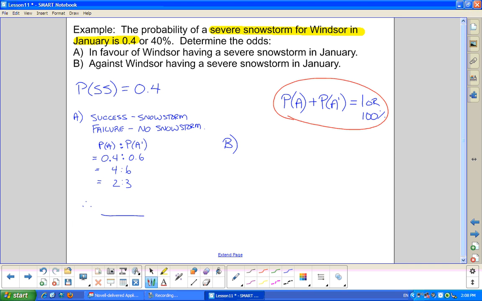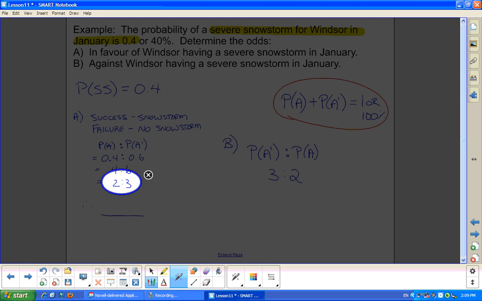Part B then. What are the odds against Windsor having a severe snowstorm? Odds against just means that we lead with the negative or the opposite, so it's just P(A prime) to P(A). We've already done all the calculations, so it's just 3 to 2. So the odds are 3 to 2 against a snowstorm, or 2 to 3 for a snowstorm. It's the exact same answer, except in reverse order.